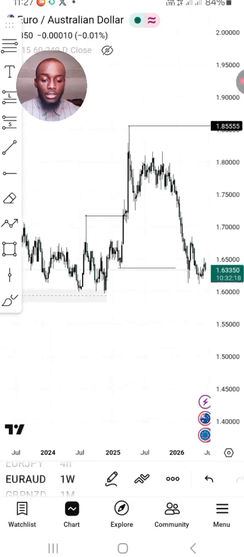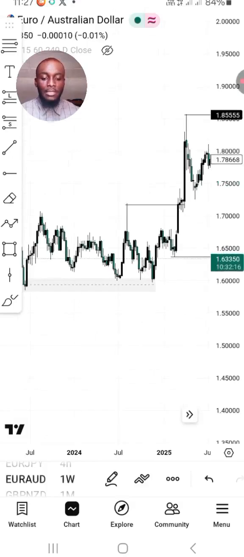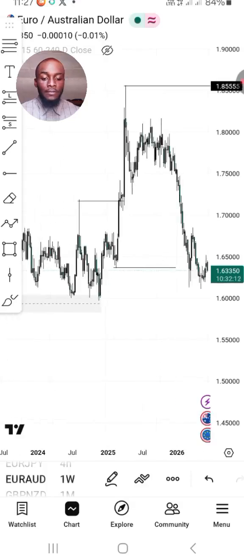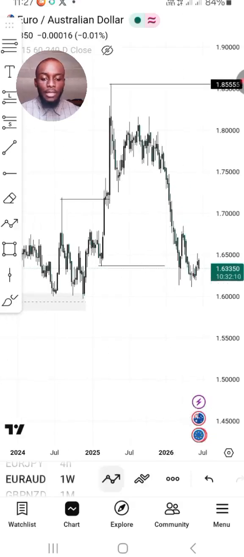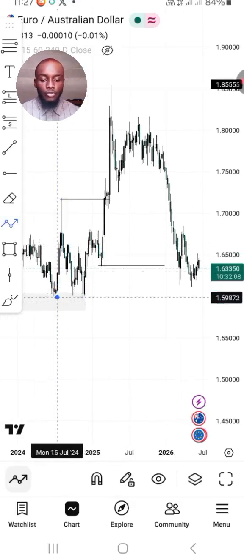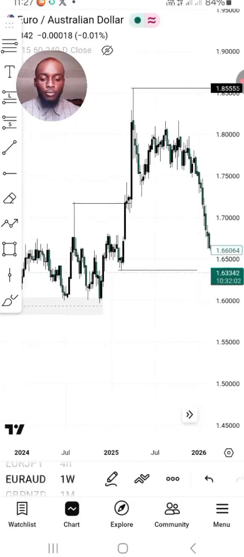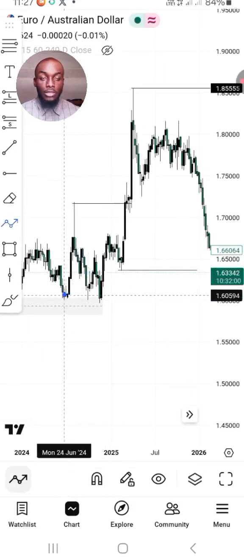On the weekly time frame, after price reacted from that monthly fair value gap, you see we came into that gap and we did a multiple tap on that gap on the weekly time frame.